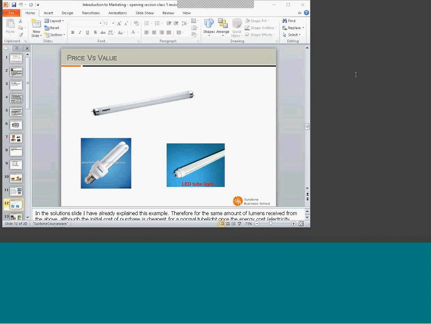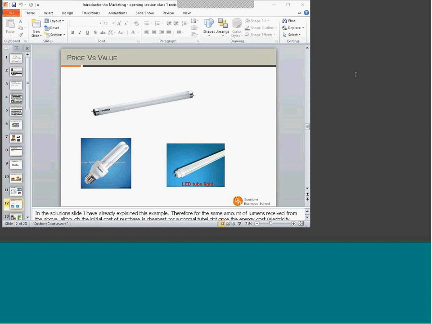This is what you can see in this example. If the products are a normal tube light, a CFL and an LED tube light, then the price of the normal tube light is the least. The price of the CFL is more than the tube light, and the price of the LED tube light is the costliest. But the value derived from an LED tube light is the highest.